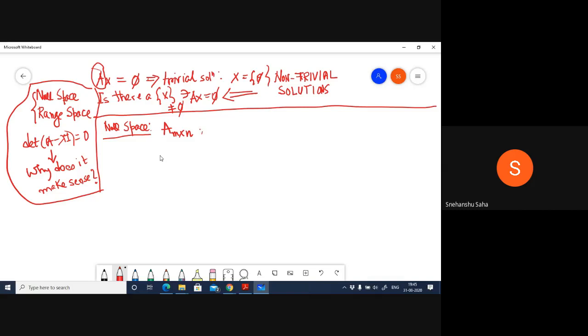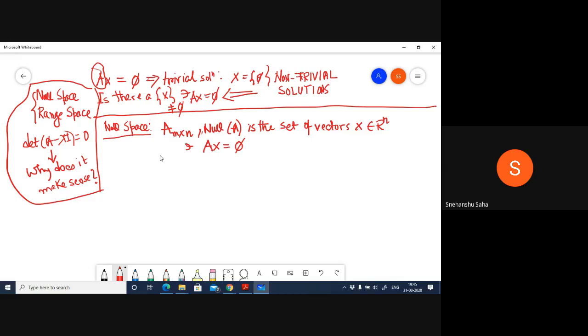Then the null space of A is the set of vectors X in Rn such that AX equals 0.